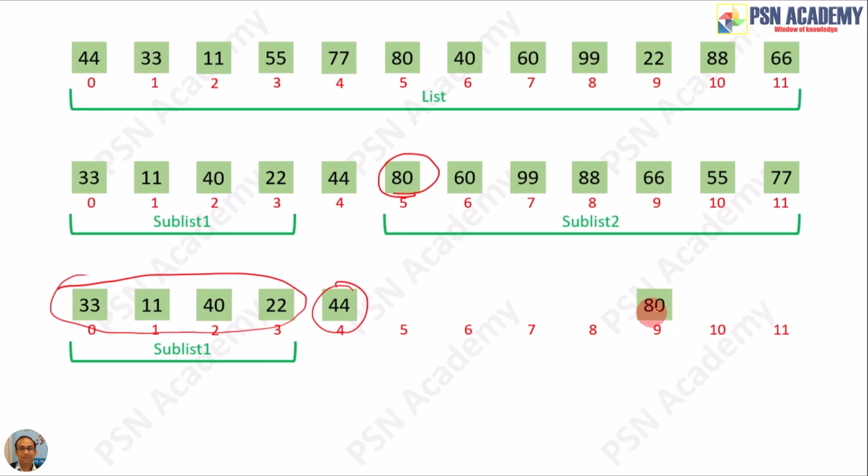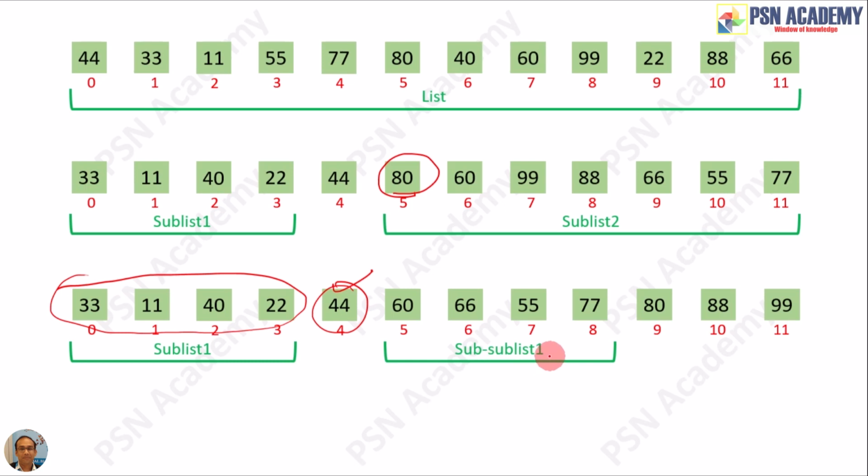So the numbers lesser than 80 but greater than 44 will be here, isn't it? And on the right hand side of 80, the numbers higher than 80 will be here. So we get a sub-sublist 1 on the left hand side of 80, and on the right hand side we get sub-sublist 2.